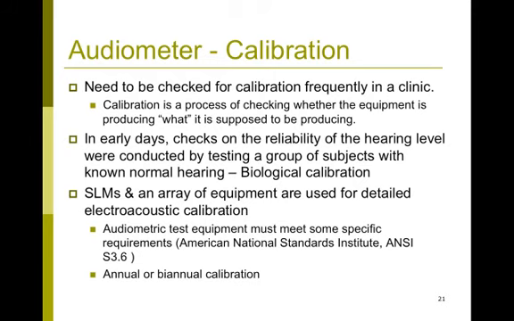In earlier days, and even nowadays, when we do everyday checks, we do what we call biological calibration, where we either listen through headphones and bone vibrators ourselves, or we test another person in the clinic who we know to have normal hearing, just to confirm whether the tones can be heard and whether they sound correct.